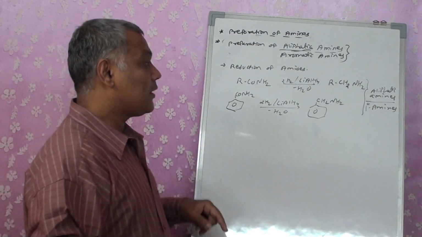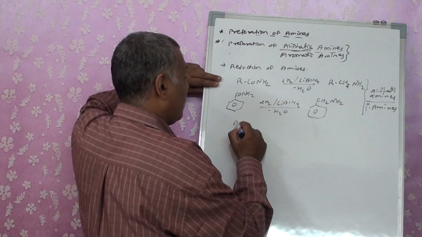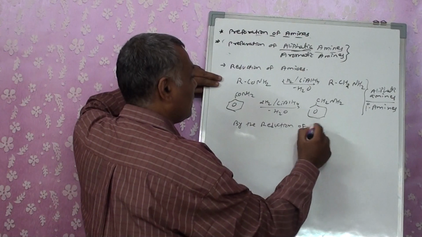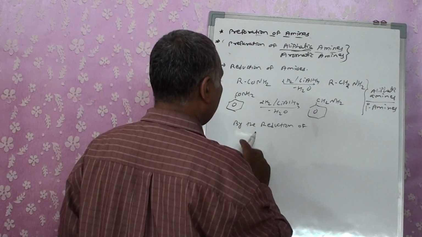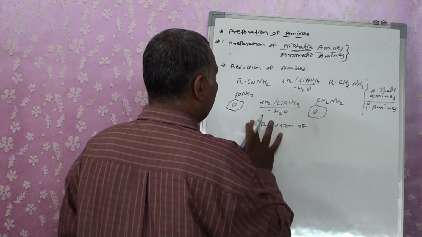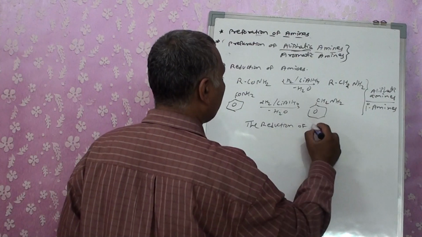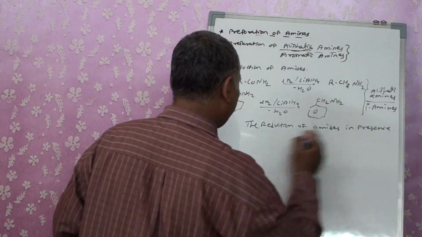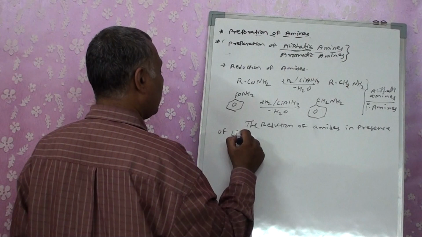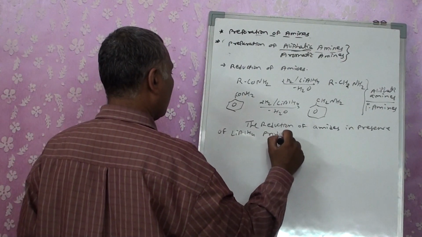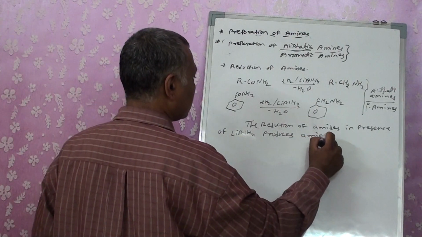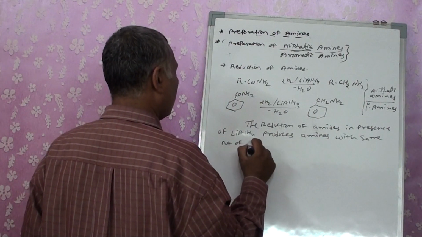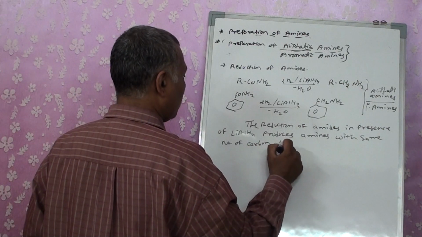Okay. Now at the same time, let's write the statement properly: the reduction of amides in presence of LiAlH4 produces amines with the same number of carbon atoms.